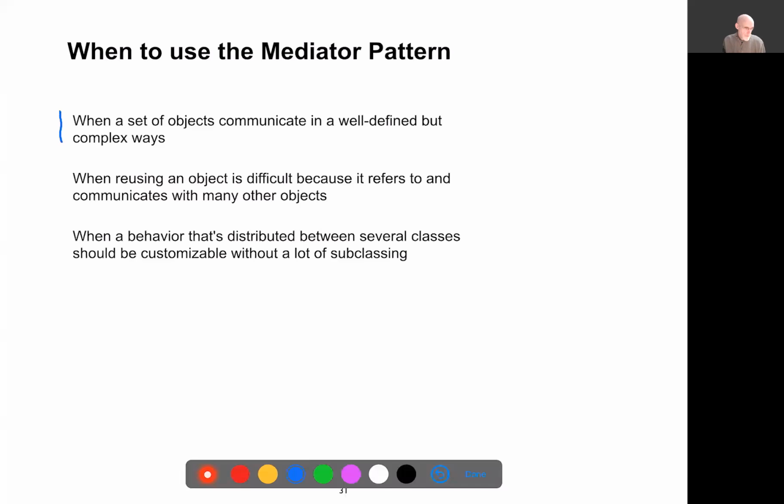The second one is a bit easier to understand. If you interact with too many things, it can be hard to reuse, because you're going to have to pull them with it. But if you only interact with a mediator, it's going to be easier to reuse.